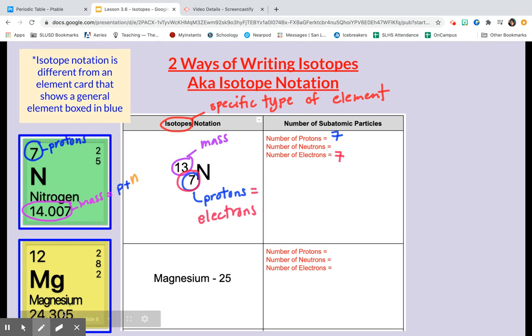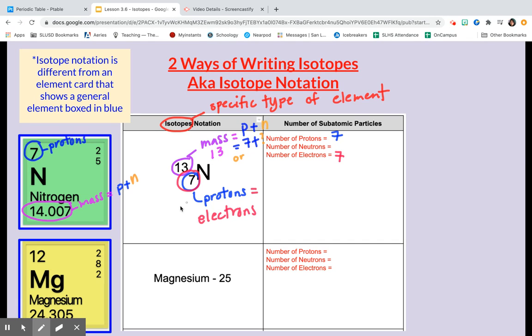How many neutrons do I have? Well, from the top number, I know that my mass is 13, right? And my mass is made up of protons plus neutrons, right? So I know from this bottom number, I have 7 protons. So 13 equals 7 plus some number of neutrons. I can think to myself, 7 plus what equals 13?